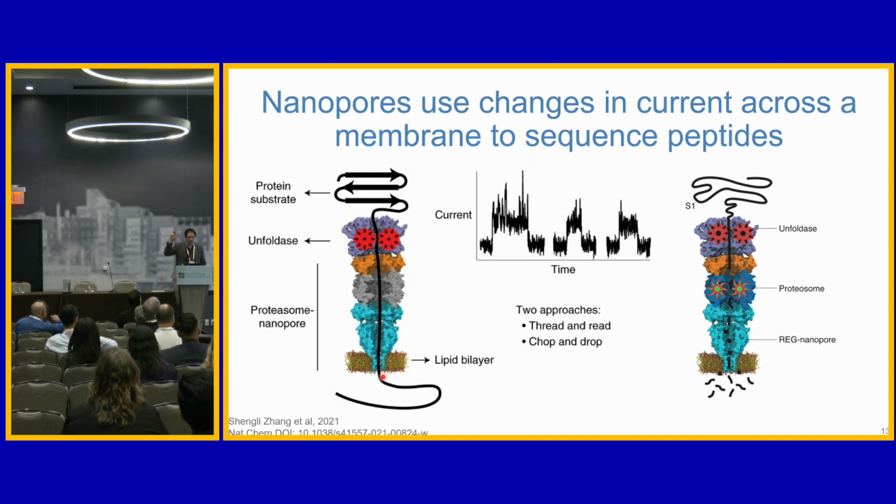You apply a specific voltage across that membrane, and you measure current as your readout. Essentially what we're seeing is this current trace over time as amino acids are being funneled through the constriction of the pore itself.